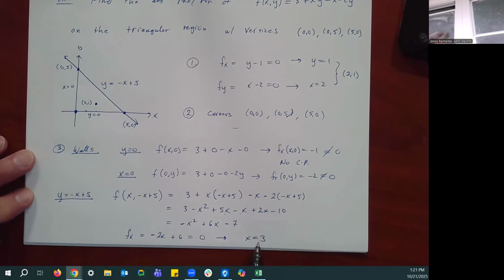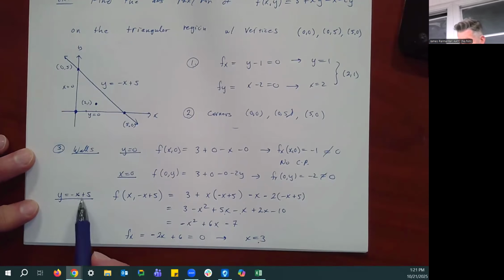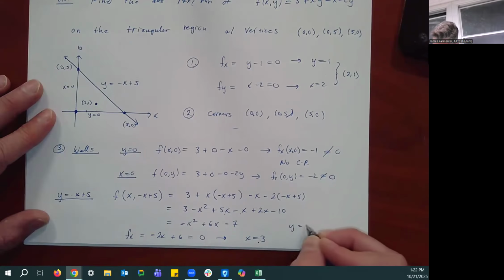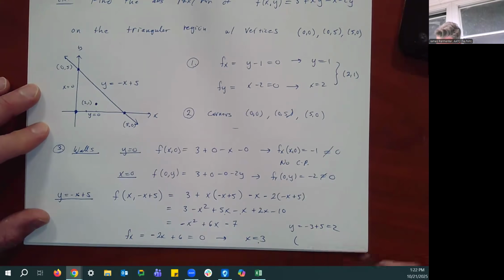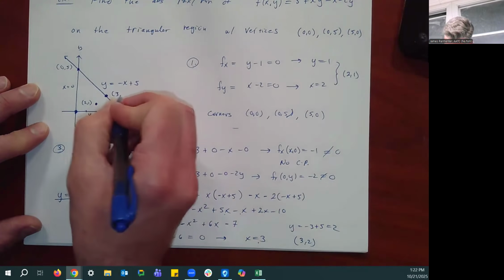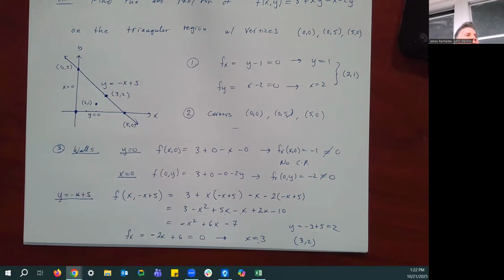We plug that back into this equation over here, y is going to be -3 plus 5, which is 2. So our critical point along that wall is the point 3 comma 2. That one always feels a little bit harder to get, but it's not that bad.